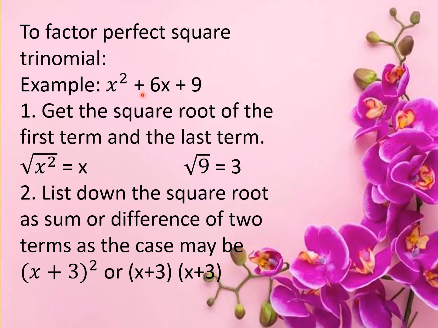Since ang sign sa middle term diri is positive, we're going to use the sum of two terms. So, we have x plus 3 squared, or pwede nato siyang sulatog tinag-as, x plus 3 times x plus 3. This is the expanded form of x plus 3 squared.